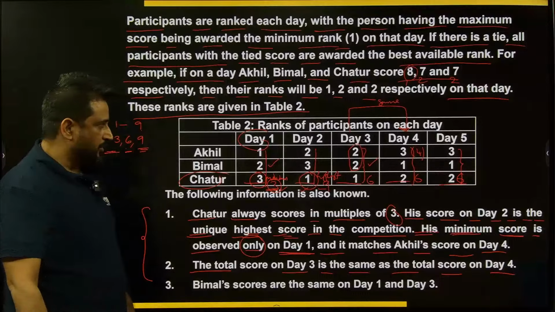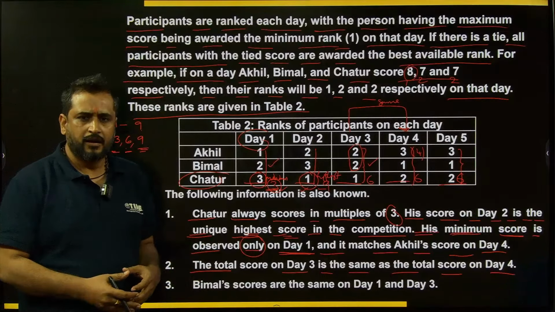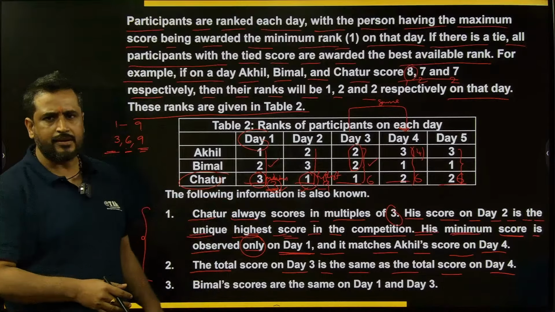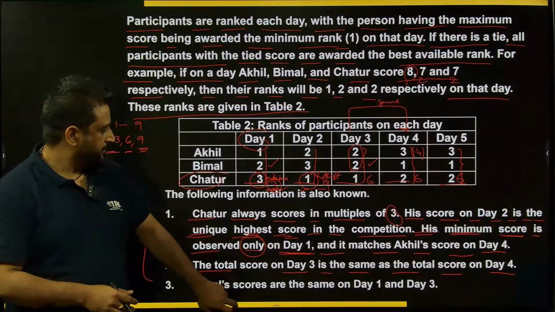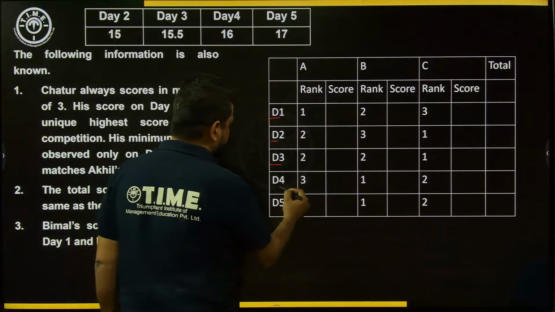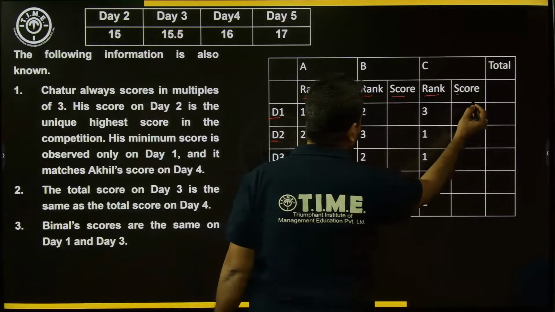Okay. So let us compress this data into a table, since you already know how to arrange ordering and sequencing kind of questions. I will show you in the next slide. Day 1, day 2, day 3, day 4, day 5, with rank and score for each.